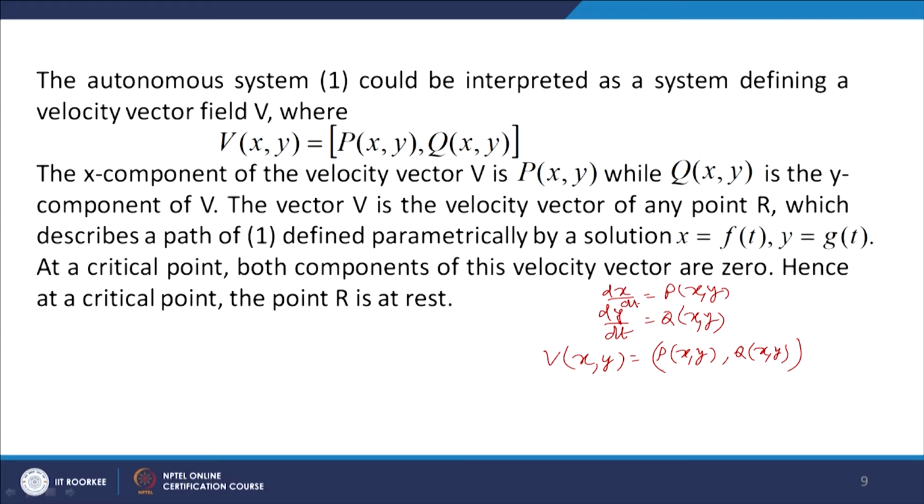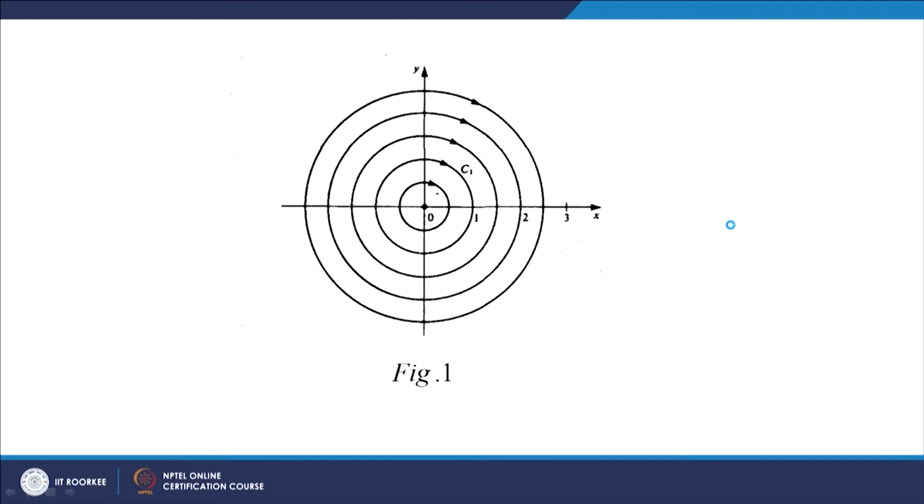So you take any path of the system 1 which is defined by the solution x equal to f(t), y equal to g(t), and R is a point on that. Then V is the velocity vector.